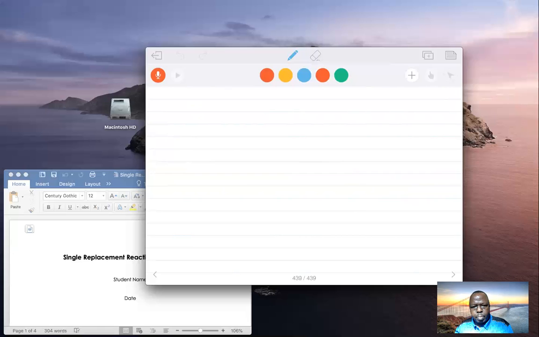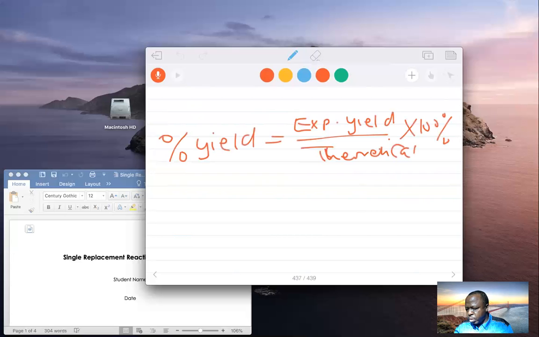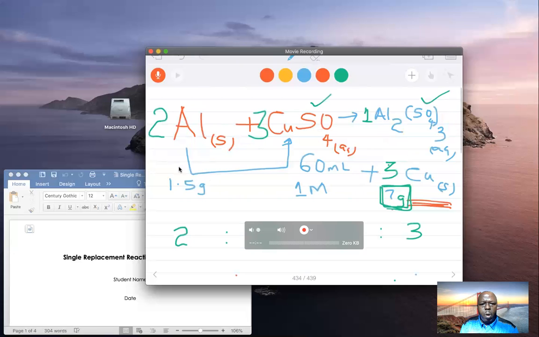Let me back up to my values here, how much I'm going to take. If all these grams of aluminum are consumed, how many grams of copper will be produced? If all the moles in 60 ml are consumed, how many moles do I have in 60 ml?